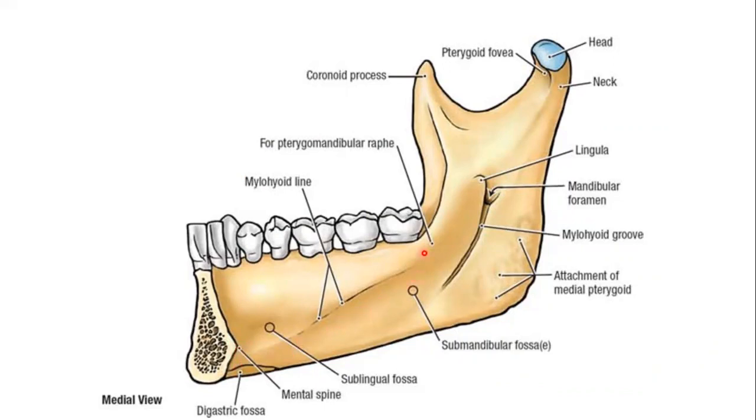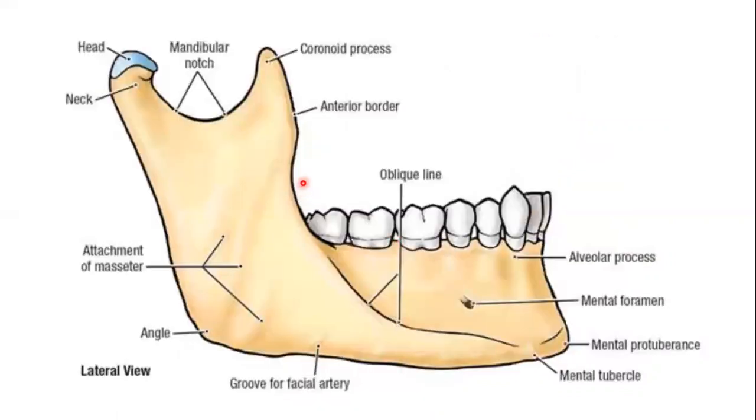The mylohyoid line divides the inner area of the body into upper and lower parts. The upper part is the sublingual fossa, and the lower is the submandibular fossa. Of course, these are related with the glands, the sublingual gland and the submandibular gland. Also the parotid gland, on the lateral aspect over here.